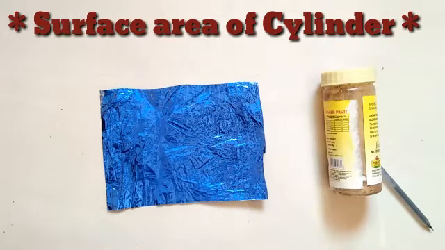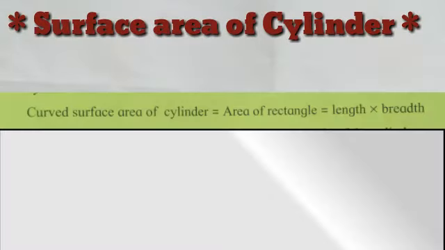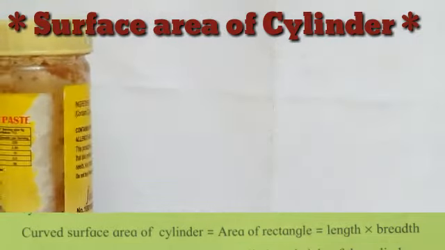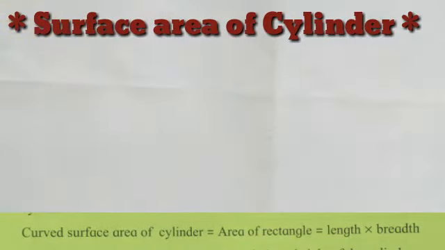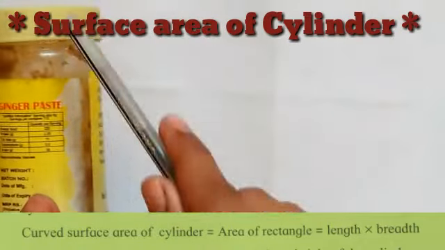Let's see it. Curved surface area of cylinder is equal to area of rectangle, which is equal to length into breadth. Students, here length means the circumference of the base of the cylinder, which is nothing but this one, and breadth means the height of the cylinder.